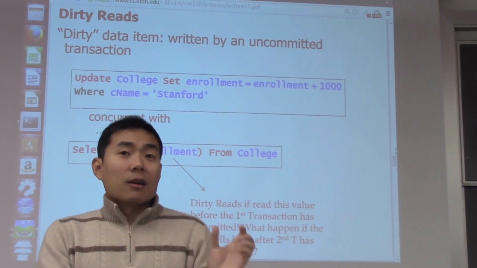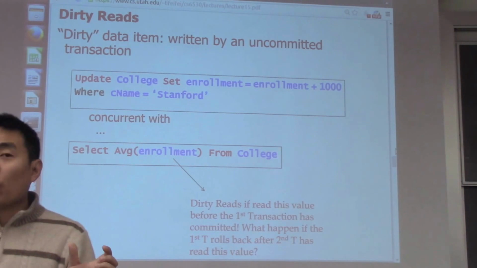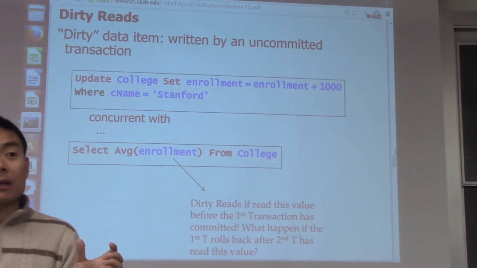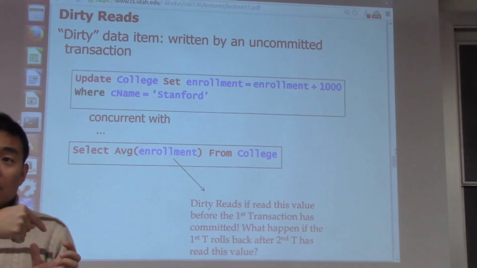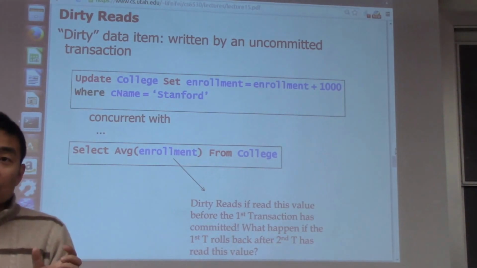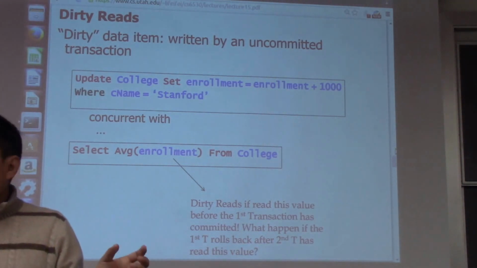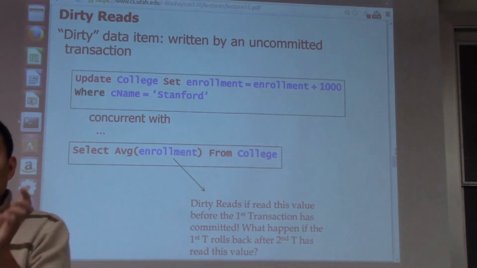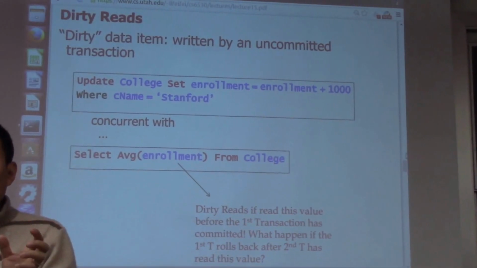is not in a stable state, because that transaction may be aborted, may roll back, so the current value of the item is not stable. If the transaction chooses to abort, either the transaction wants to abort by itself or the system has crashed, then the value the item has is no longer valid.